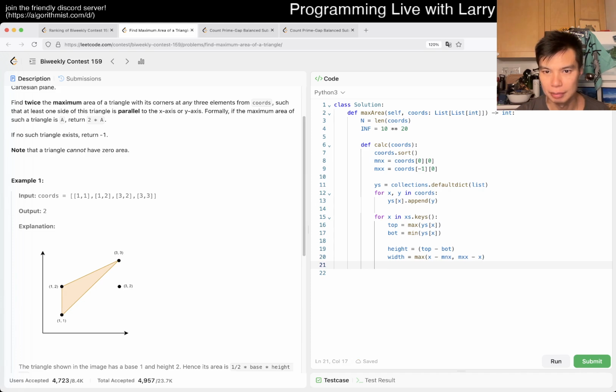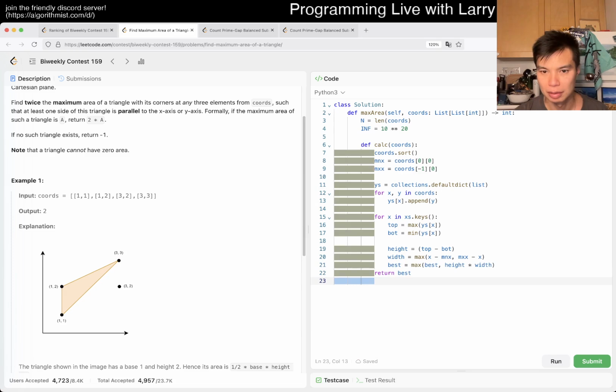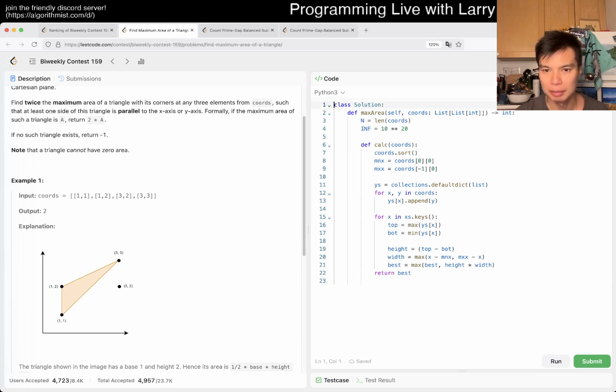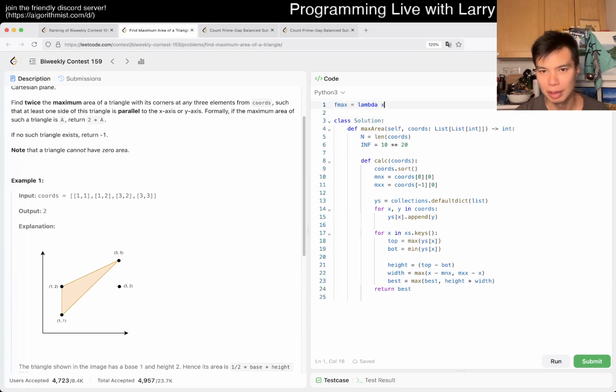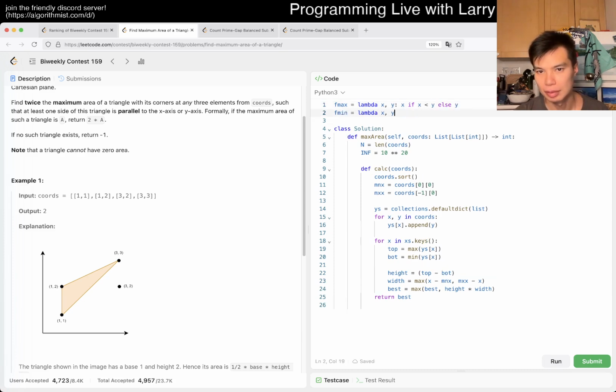And then best is equal to max of best, height times width, return best. Alright, okay. I'm always worried about performance. Also, I messed this up. Oh no, this one has to be because I'm doing it through the thing. Maybe that'll be okay for now.